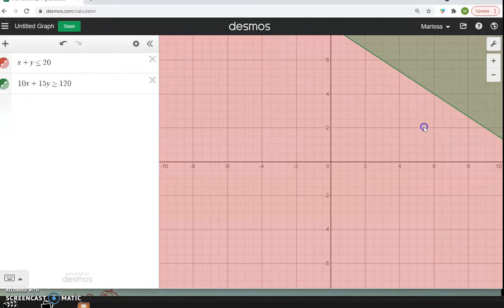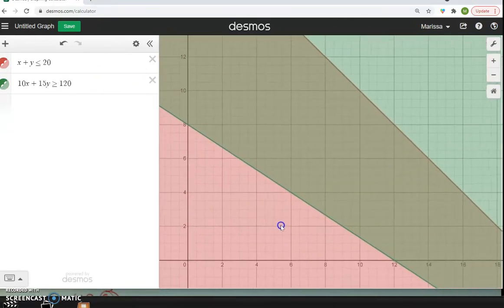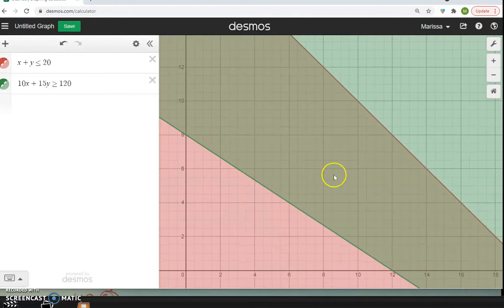For this problem, we also talked about how both things have to be positive. So all of our answers are in this little trapezoid section where both the X and the Y are positive. Just as an example, I'm going to pick this point right here that's (12, 2).